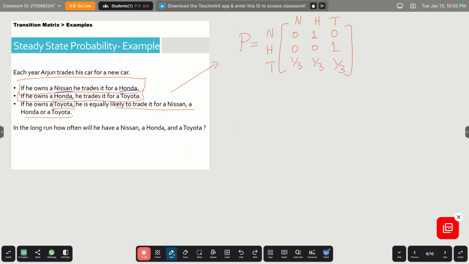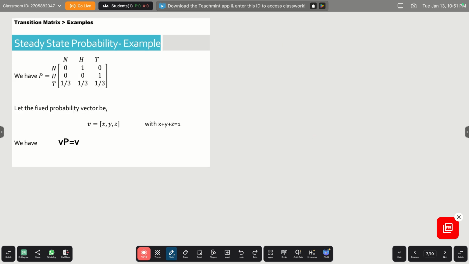Now to calculate the long run probability, we need to find the fixed probability vector of this transition matrix. And what is a fixed probability vector? Again, V is said to be a fixed probability vector if VP gives me back V. Let us try to find V here.